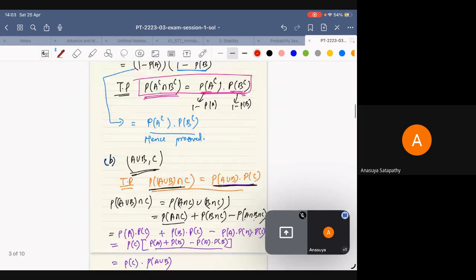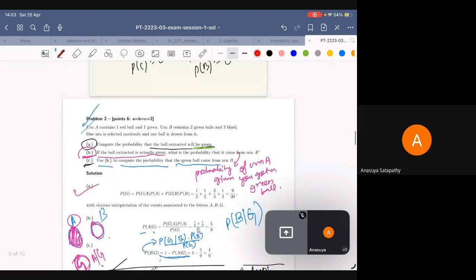Second question you can see here, sorry for the mess. If you see this question, there is one bag here, one more bag here, some number of balls here, and here. So it's a conditional probability question.